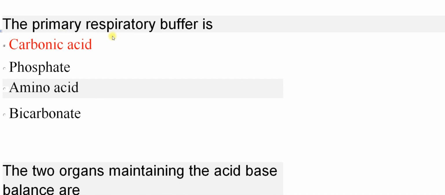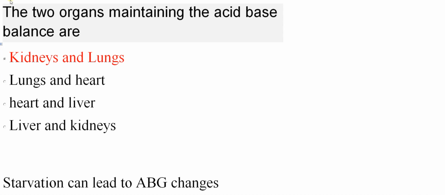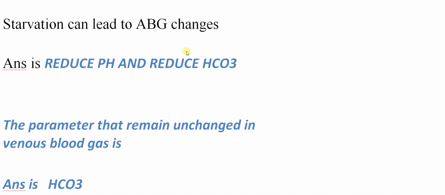The primary respiratory buffer is, answer is carbonic acid. The two organs maintaining the acid-base balance are, answer is kidneys and lungs. Starvation can lead to ABG changes. Answer is reduce pH and reduce HCO3.